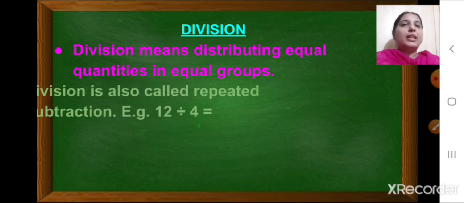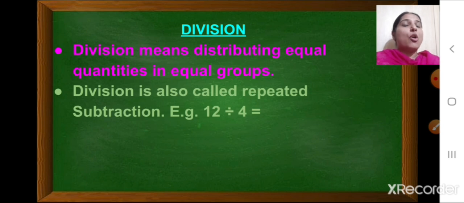Okay. Then division is also called repeated subtraction. As you remember children, multiplication is called repeated addition, but division is called repeated subtraction. Okay, how? Let's see one example.